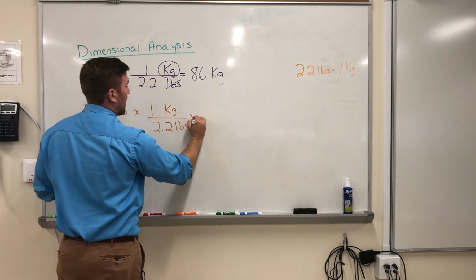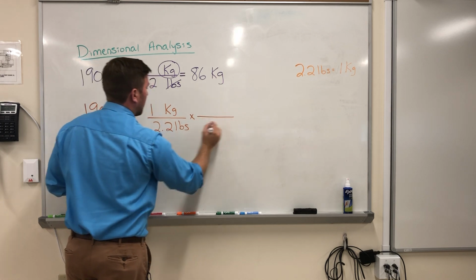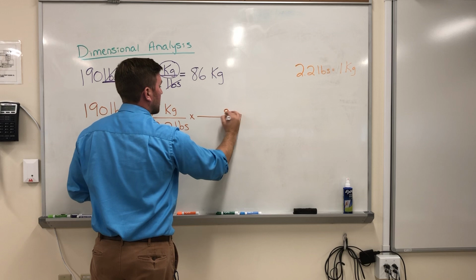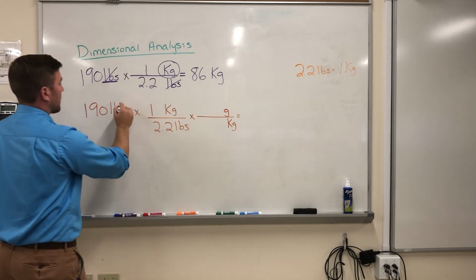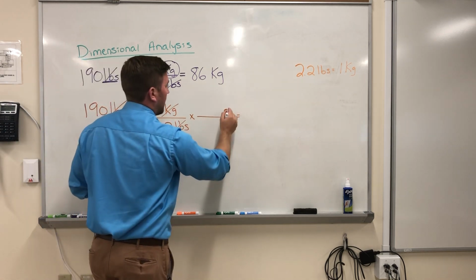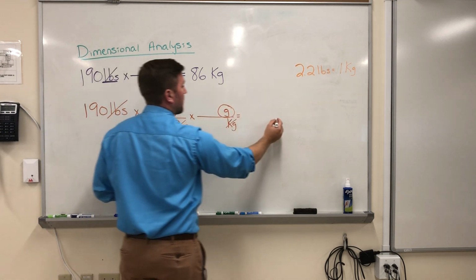The difference is that now I'm going to have a second step, and I want to go from kilograms to grams. So that when I cancel my units, pounds are gone, kilograms are gone, and all I'm left with is the gram.